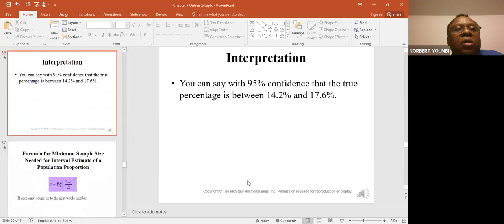So you can say with 95% confidence that the true percentage is between 14.2 and 17.6.